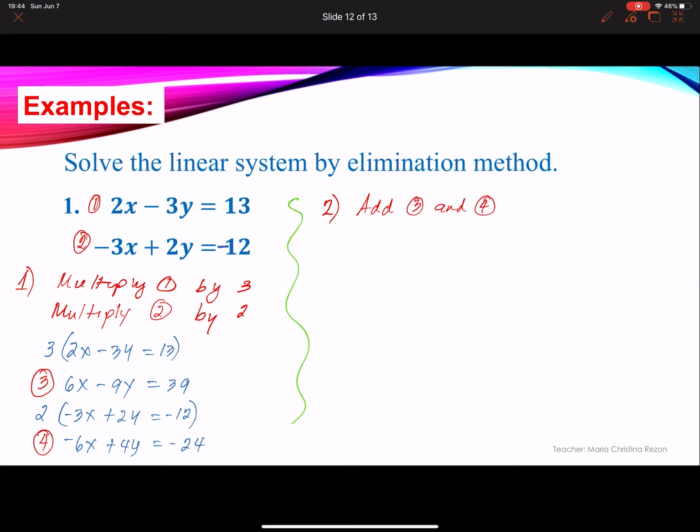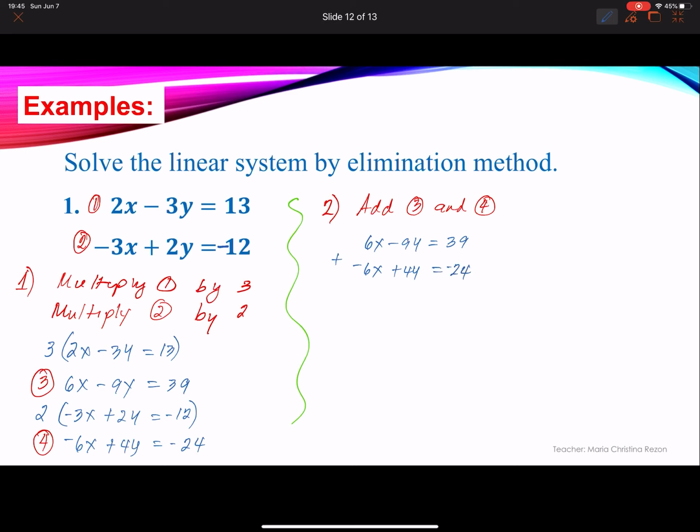If you add them, you will have 6x minus 9y is equal to 39, and then equation 4 is negative 6x plus 4y equals negative 24.